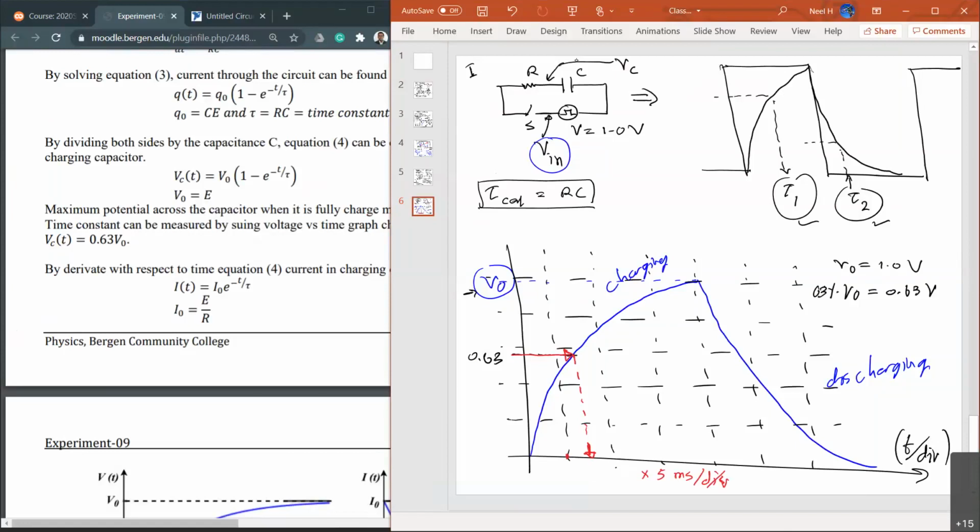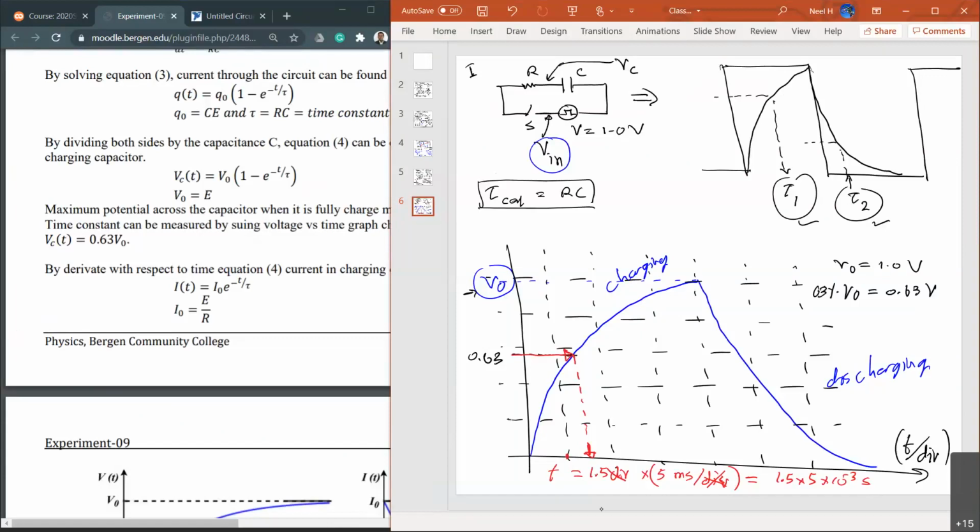Let me write it down with the units: 1.5 division multiplied by 5 millisecond per division. The division cancels out. Your time is going to be 1.5 times 5 millisecond. Milli is 10 to the negative 3, right? So you have to calculate that way properly. Otherwise, you're not going to get the time correctly. Be careful when you do that calculation.